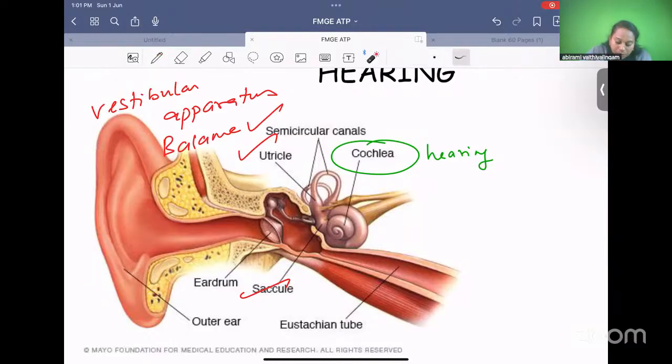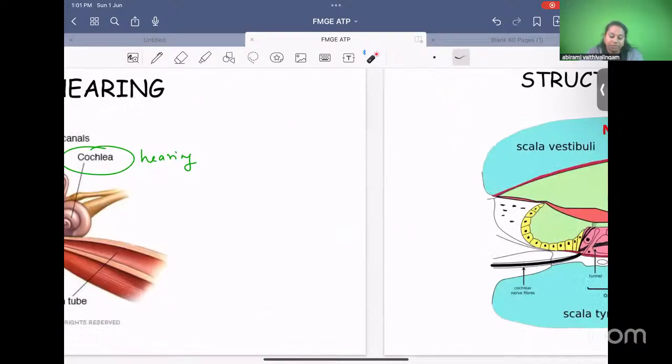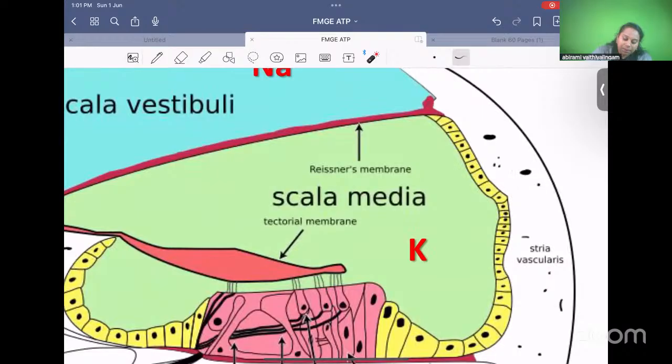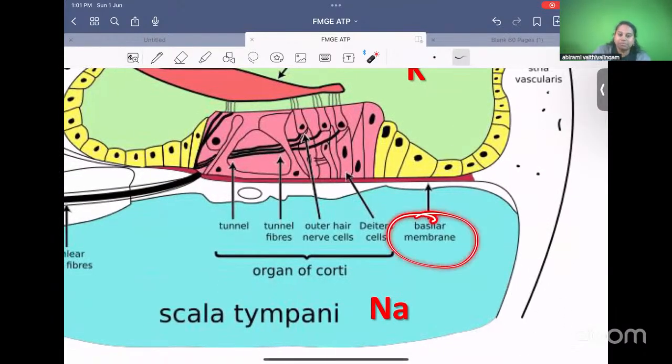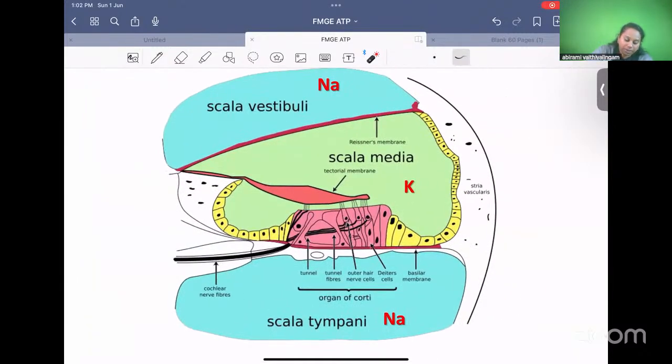If you zoom into the structure of the cochlea, this snail-like structure is the cochlea. If you zoom into this, it will look like this. Cochlea has an upper membrane called Reissner's membrane and a lower membrane, the basilar membrane. The two membranes divide the cochlea into three zones.